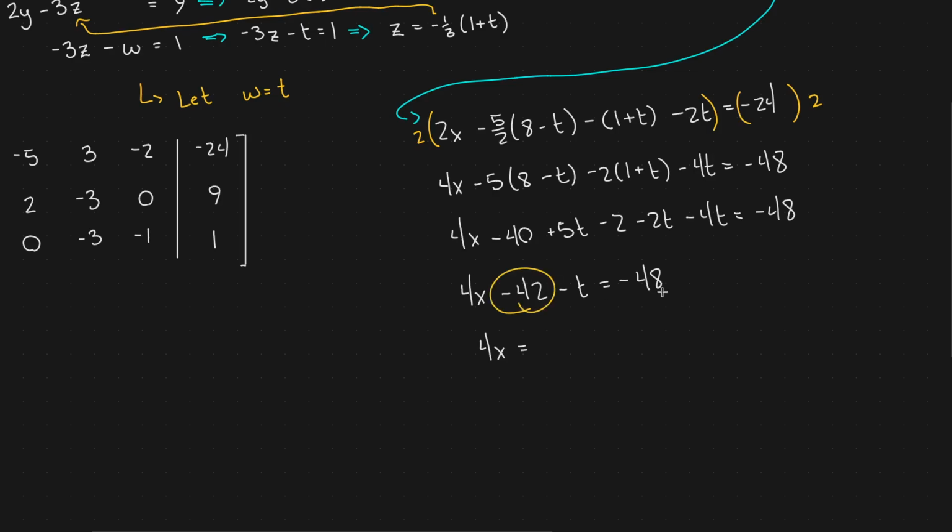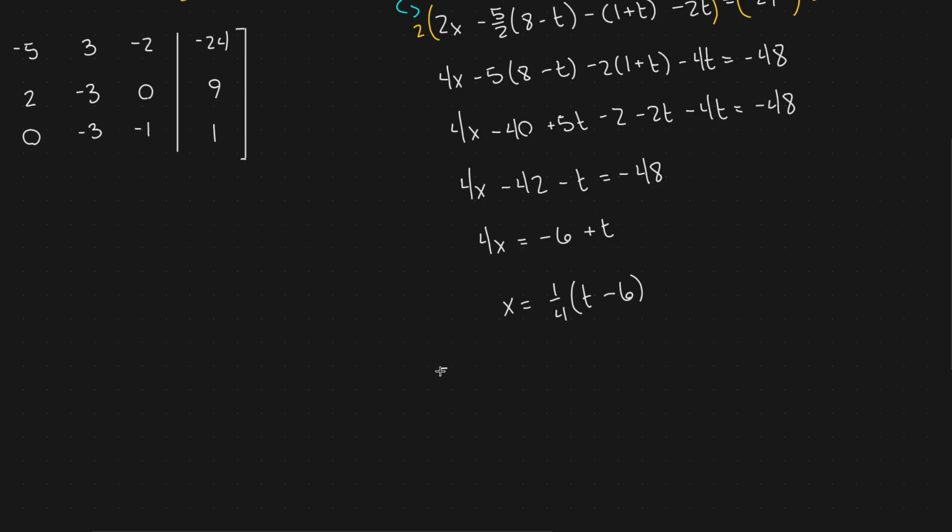I'm going to move the 42 over to the right. I'm going to move the t over to the right. So add 42 to the -48. I'm going to get -6. Add t to the right, so plus t. And divide by 4, I get x equals 1/4 t minus 6. Whew. And so I have my answer.